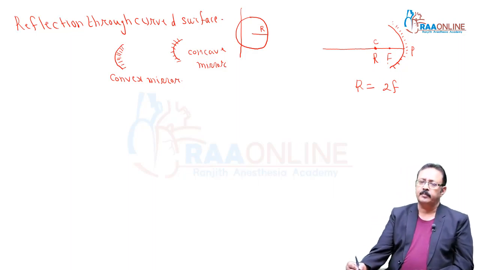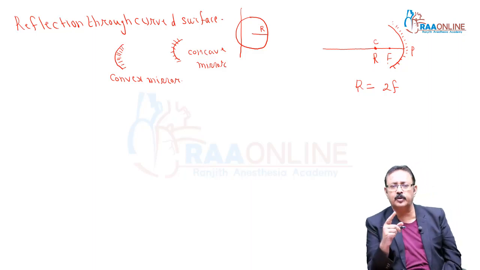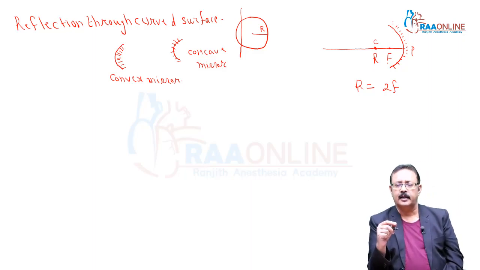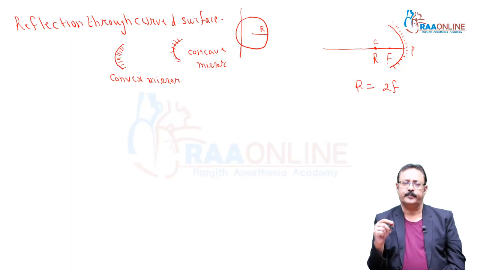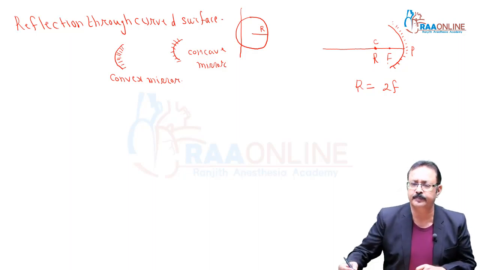The line joining pole and center of curvature is known as the principal axis. Rays which are coming parallel to the principal axis, after reflection, cut the principal axis at a point known as the focal point. Always we are using one sign convention, which is like a coordinate system.